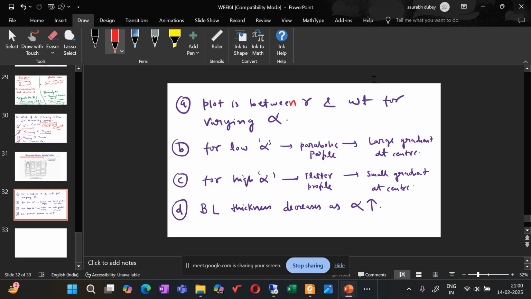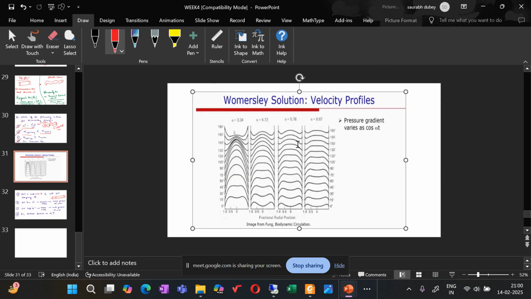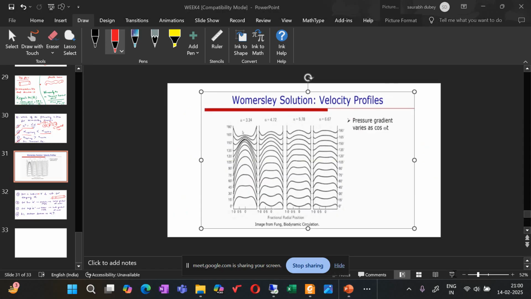If you have a tube, then with the tube distance R, the velocity profile is changing along omega t, right? And some comments on that. So if you see this one, I am unable to expand it.